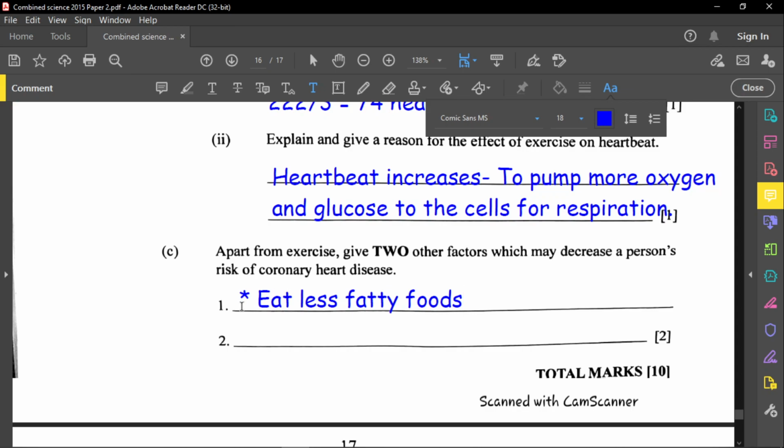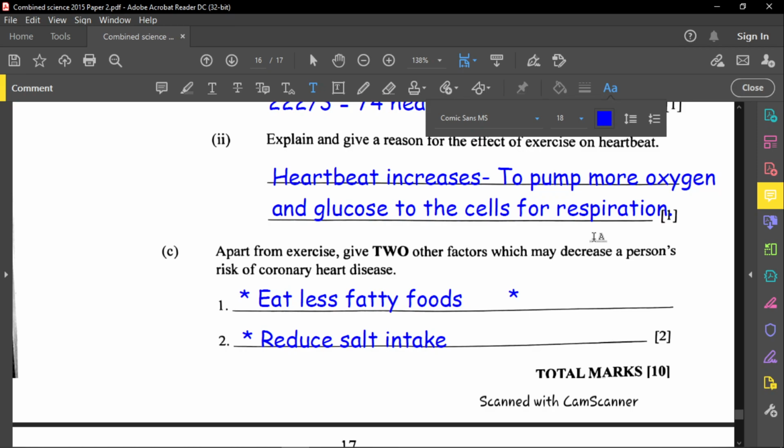You can also reduce salt intake, because a lot of salt gives hypertension, which is high blood pressure. You can also eat more fiber, because fiber assists with the digestion process, so you release more waste and don't keep it stored in the body.